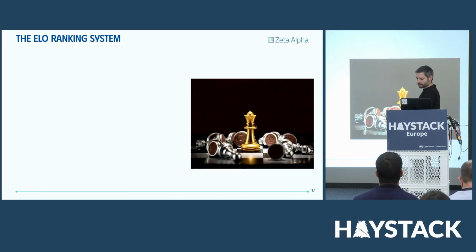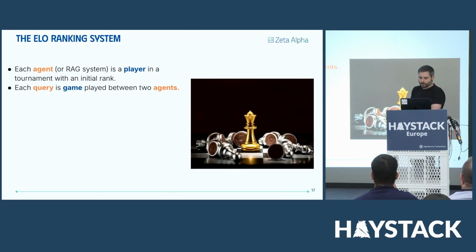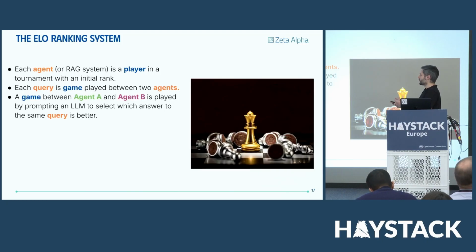Because we're playing pairs of agents or pairs of systems. But luckily, chess has an answer, right? Because in chess, you have players that start with some initial rank. So this is called the ELO system, the ELO ranking. And in this case, a game for us is like a query, right? So a game is between 2 agents. And then you are going to ask an LLM which agent had the better answer, as I mentioned before.